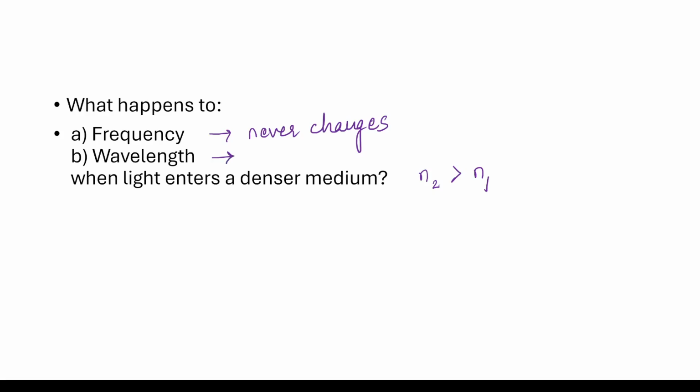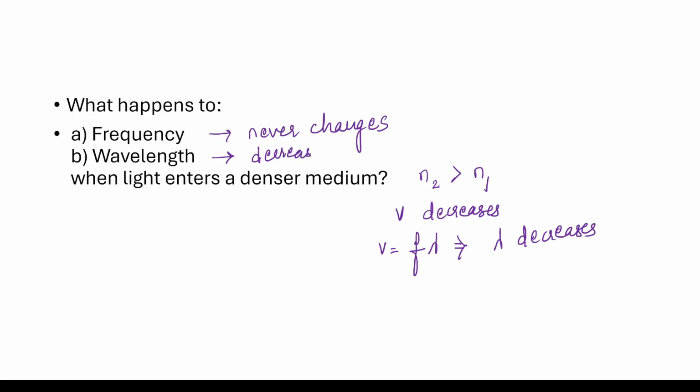Wavelength, what would happen to wavelength? Now because you're entering a denser medium, speed decreases, and because speed is equal to f lambda, because speed is decreasing, lambda decreases. So I can just write decreases.